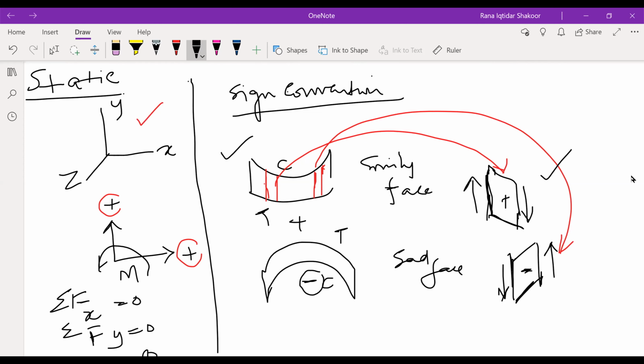The shear force V is positive when one face goes up and the other goes down, with the net effect being clockwise. And if this face is going up and this face is going down, this will be a negative one, right?